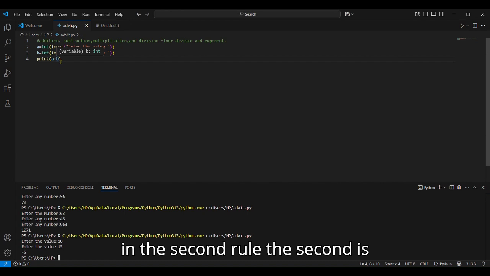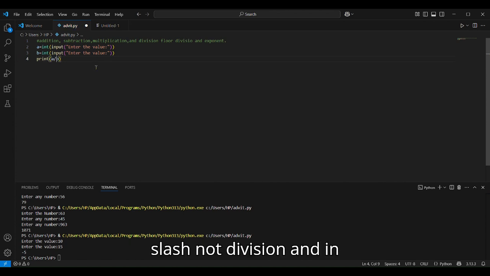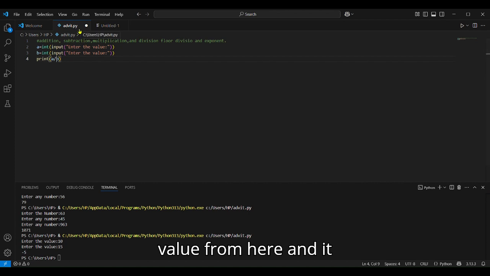The next is division. I have changed the operator to slash for division. In division, it will take the value from a and the value from b.